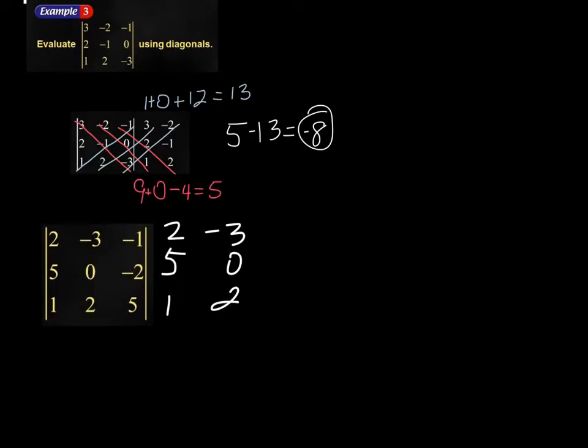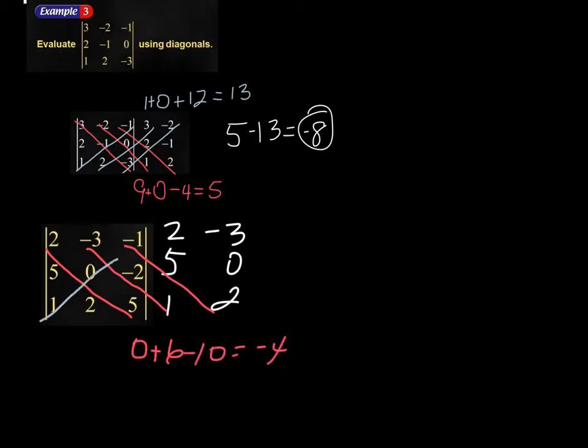Okay, another one like that. I think we could use at least 2 to practice. The first product, 2 times 0, oh, stop, the product's going to be 0. Negative 3 times negative 2 is 6, times 1 is 6. And negative 1 times 5 is negative 5, times 2 is negative 10, so that sum is negative 4.